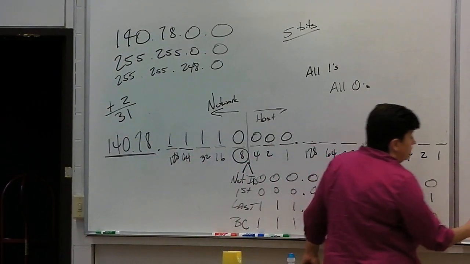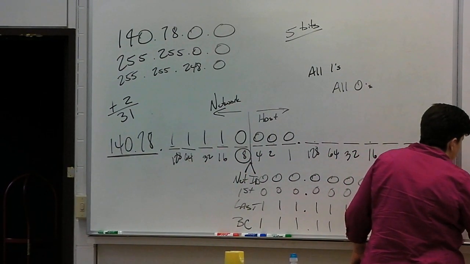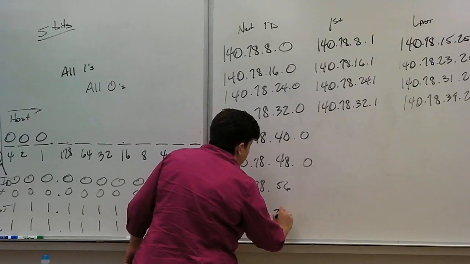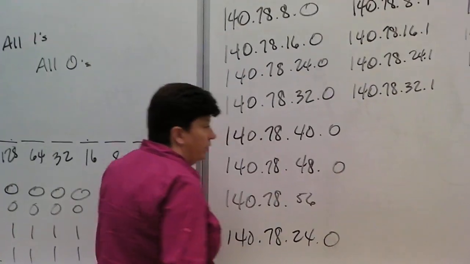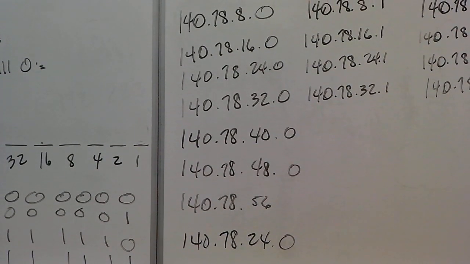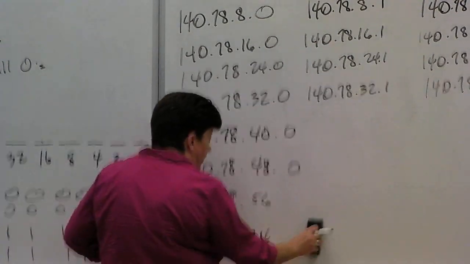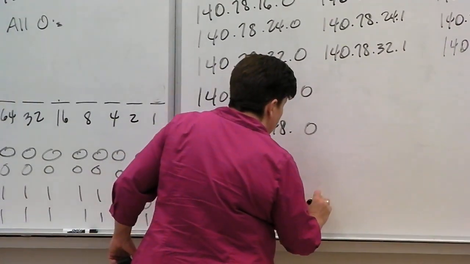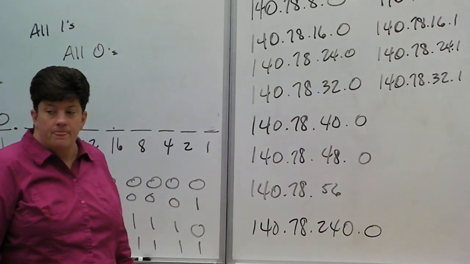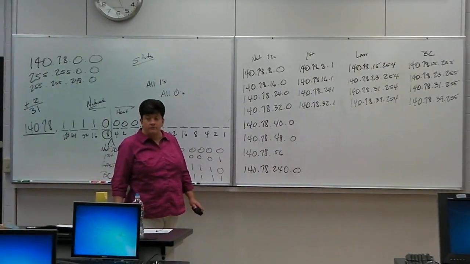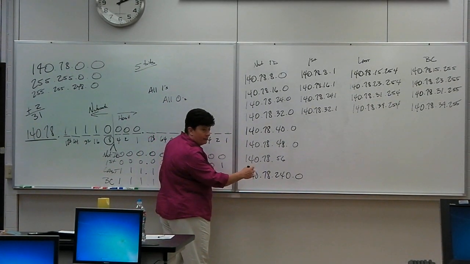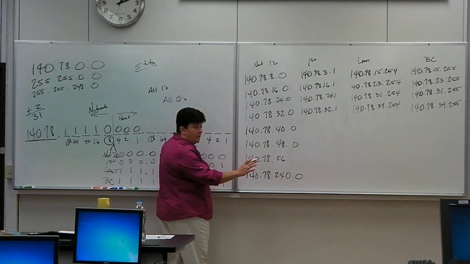So I'm going to keep going and on and on and on until I get to 140.78.240.0. That's the last network you're allowed to give away. All right? Yes. Okay? Last one I'm allowed to give away, 240.